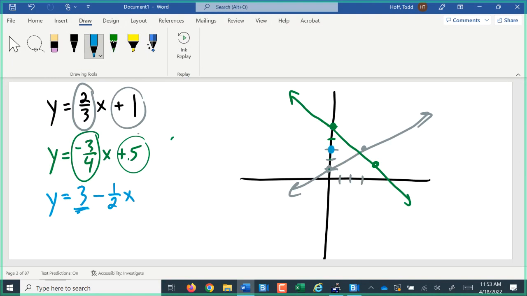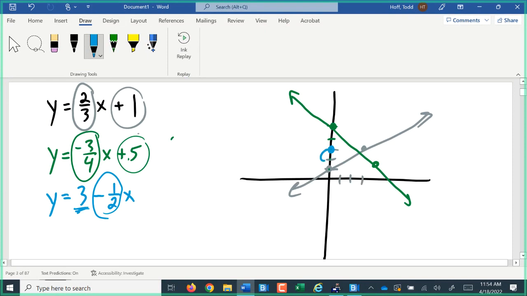So 3 up from the origin is our y-intercept. The x is being multiplied by the negative 1/2. It's not subtracting 1/2. It's a negative 1/2 multiplying the x. So again, the negative goes with the rise. So from that starting point, we go down 1, and we run 2, giving us our second point.